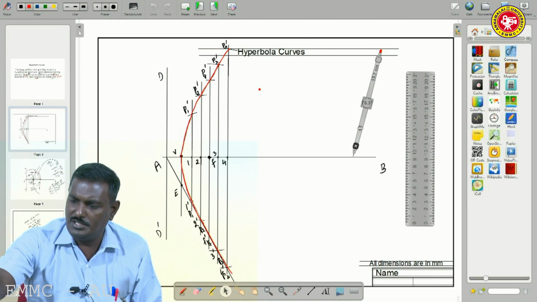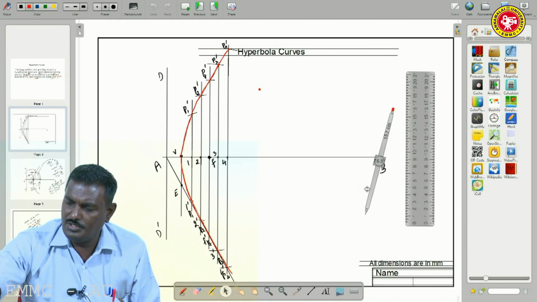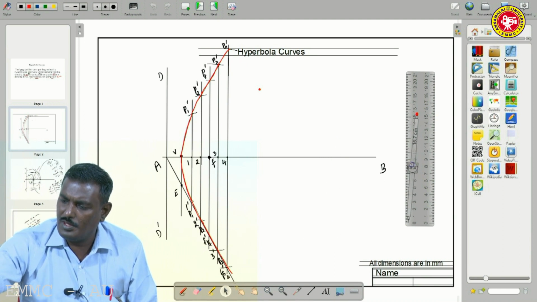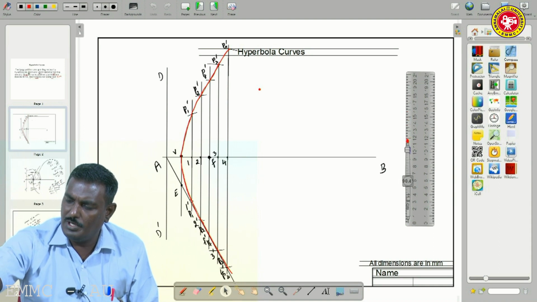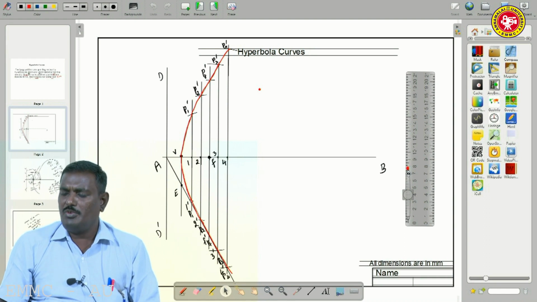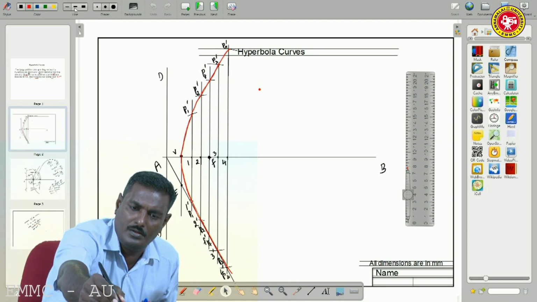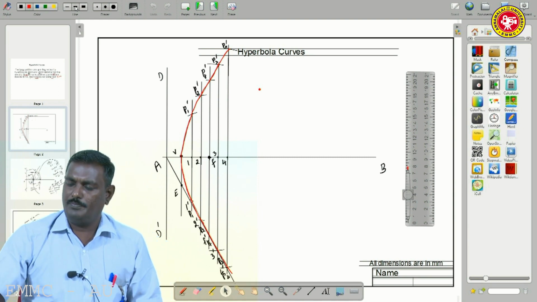Using this, you have to take 0 on the scale. So now we measure 8, that is 80 mm, 8 centimeters. Measure 80 mm.